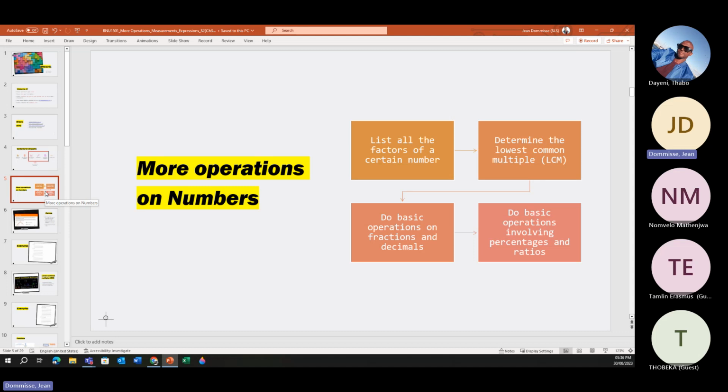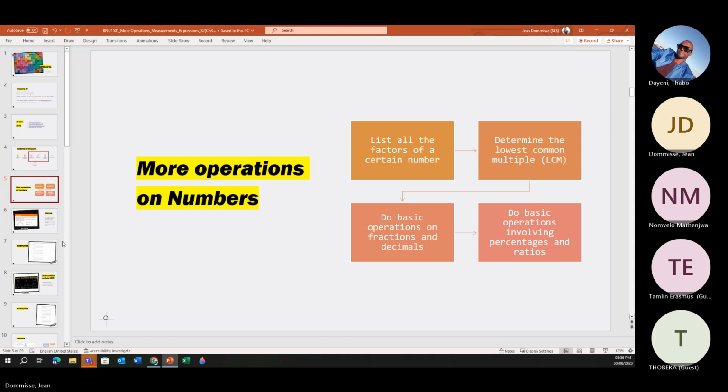And then we look at another form of decimal or fraction, which is percentages and ratios. So we will basically look at those four things for chapter 3. Then we go into measurements, and then we'll look at the last one.